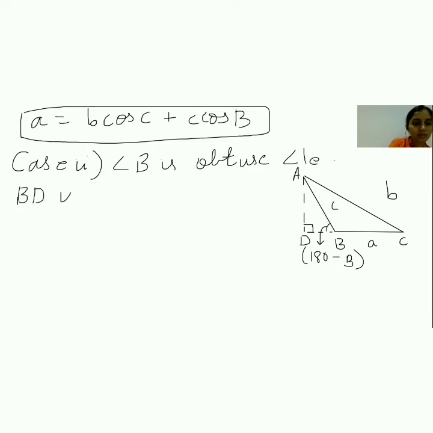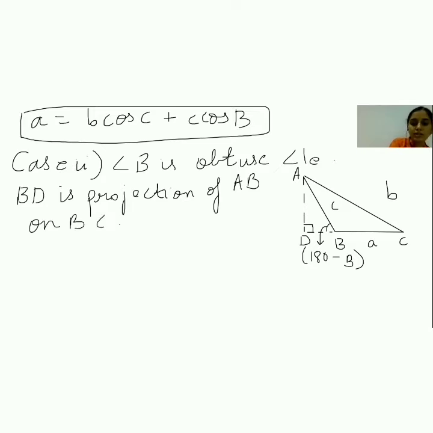So I'll just repeat the sentences over here. BD is projection of AB, correct? Because if you can observe, we've dropped a perpendicular from A. So ADB is 90 degrees. That means BD becomes projection of AB on BC.